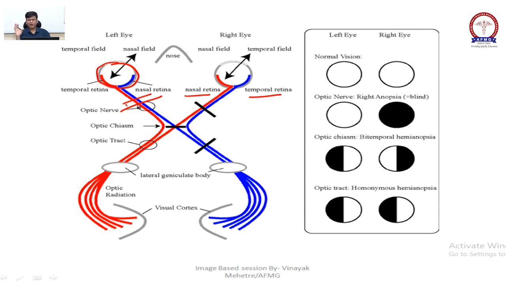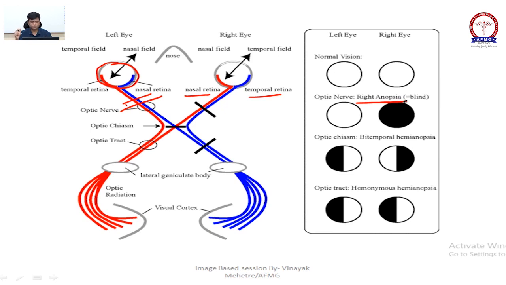So my right eye will be blind. So what is it called? It is called right sided anopia. Anopia full, hemianopia half. So this is called right anopia. Cut down of both the fibers will be seen in optic nerve.